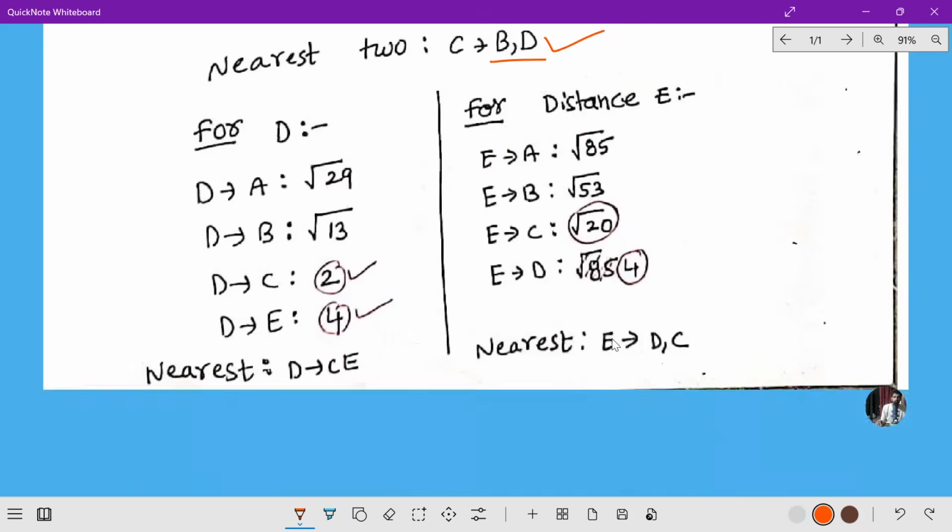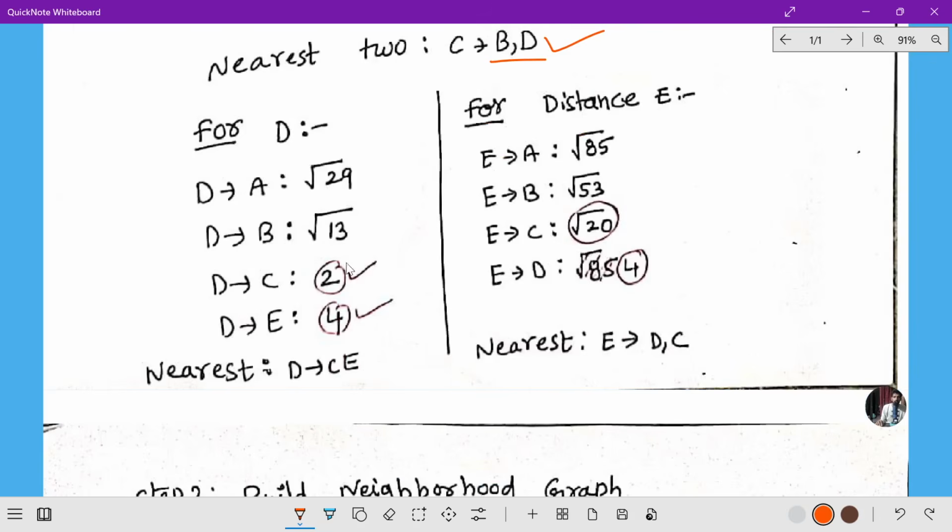Again we need to find out similarly for D also. So when we find D, we get all the values, and in this the minimum values are 2, 4. So that is D tends to CE. And for E, we find all the values. So we received all these values, and the final distance of E is E tends to DC, because the minimum values are this 4 and square root of 20.